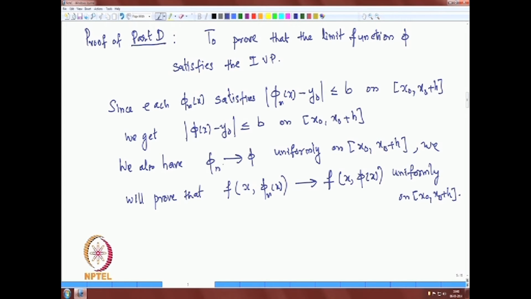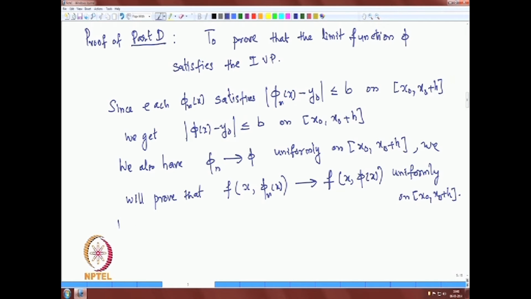We have already proved that phi n converges to phi uniformly on x0 plus h, and by using that, and f is given to be continuous and having nice properties, continuity with respect to x and Lipschitz continuity with respect to phi.